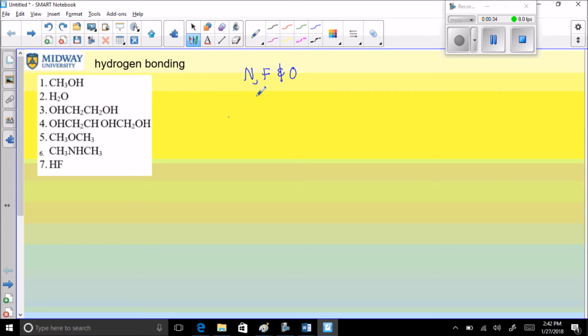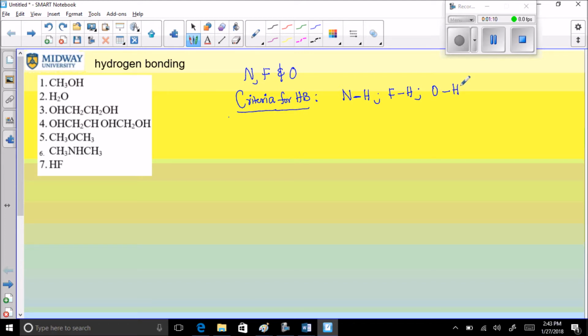Now, just because a molecule contains nitrogen and hydrogen does not automatically lend itself to hydrogen bonding. The criteria for hydrogen bonding is that the nitrogen is directly attached to hydrogen, or the fluorine is directly attached to the hydrogen, or the oxygen is directly attached to hydrogen.